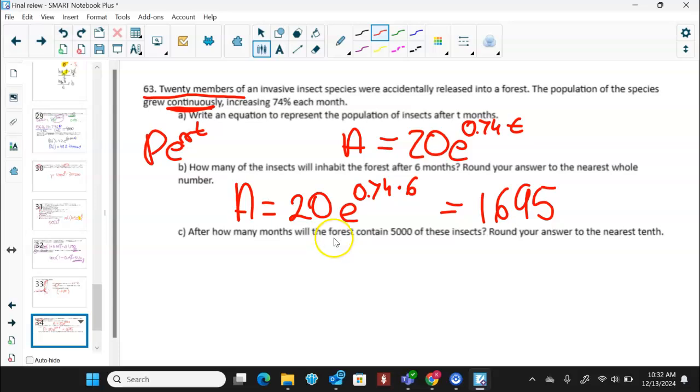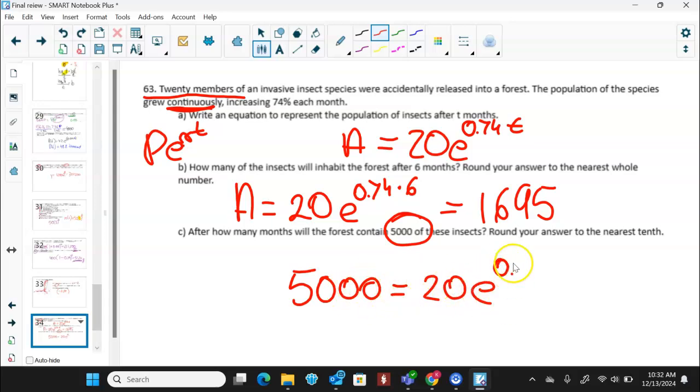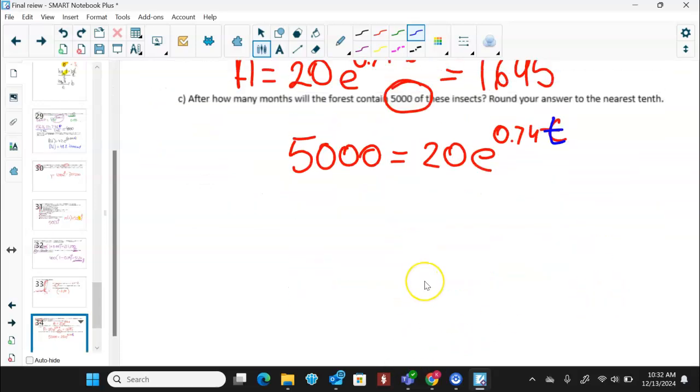After how many months will the forest contain 5,000? You're solving for T, and this is your end result, so it goes instead of the A. You still have 20e^(0.74T). Now you're solving for time. So again, you need to isolate the e by itself to turn it into ln.